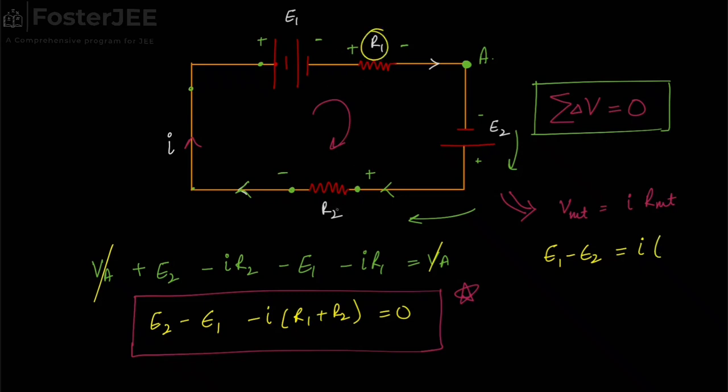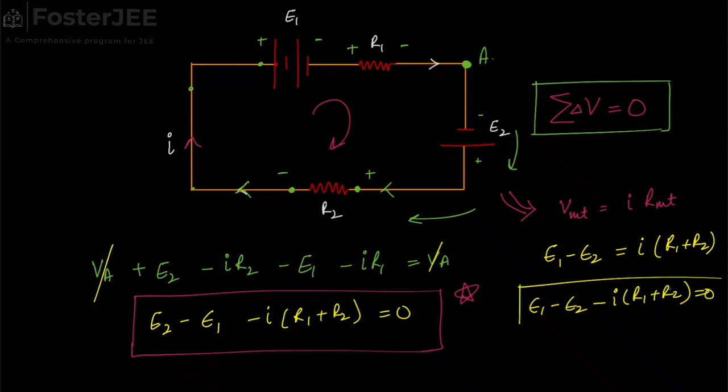Since these two resistors are in series, we can write R net as R1 plus R2. So we can see this is equal to E1 minus E2 minus I times R1 plus R2, and this is equal to 0. Here E2 is coming first and E1 later, because here we have assumed that E1 is greater, but that completely depends upon the magnitude of the battery.